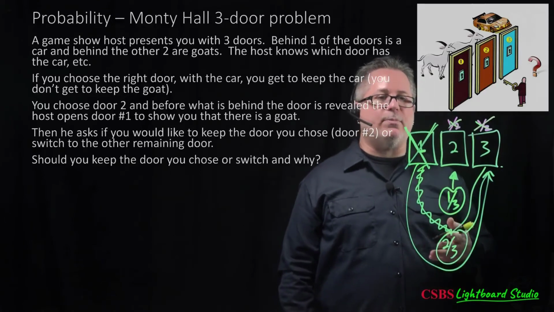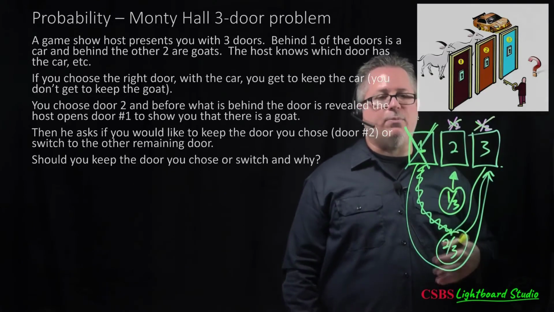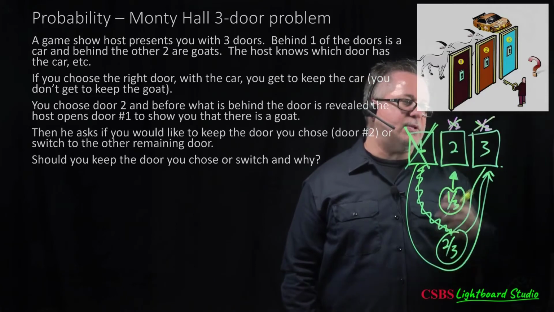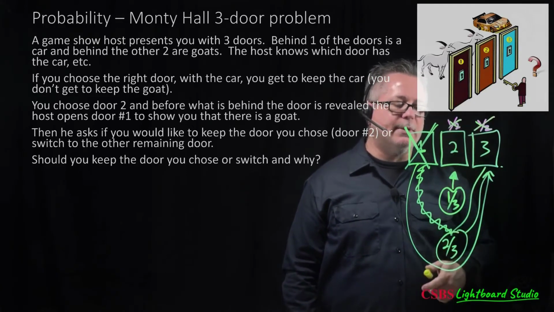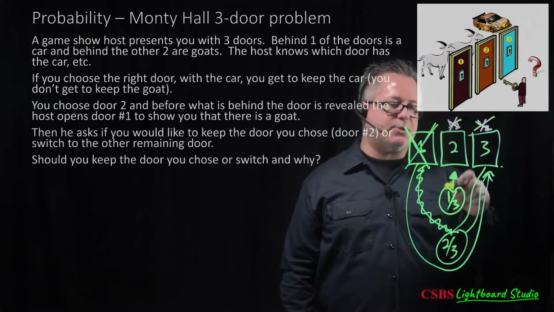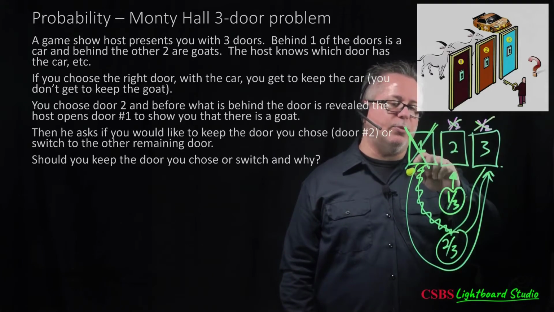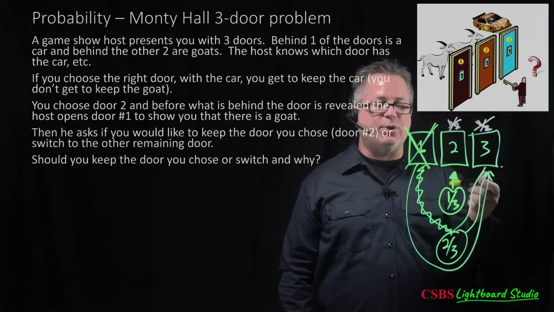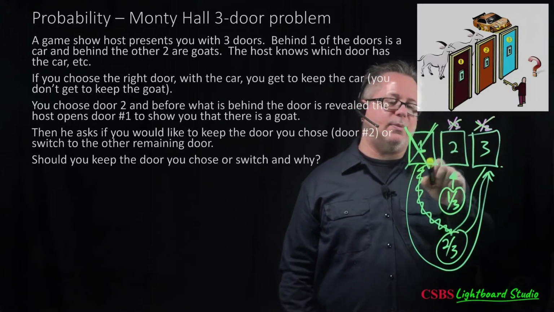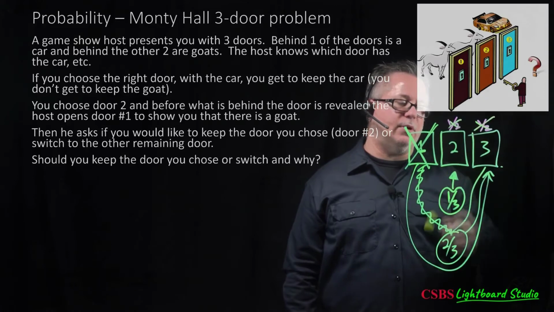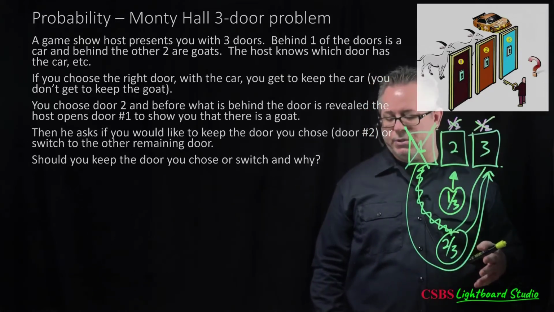If you look up the Monty Hall problem or the 3-door probability problem, you'll see lots and lots of people that talk about this, and they'll give you the same or similar rationales about how when a door gets removed, because the host knows there's no car there, the probability that was behind that door gets transferred to the other remaining door or doors.